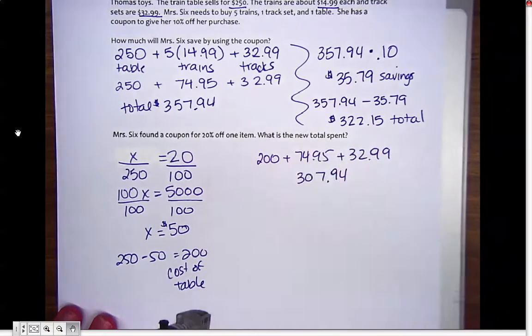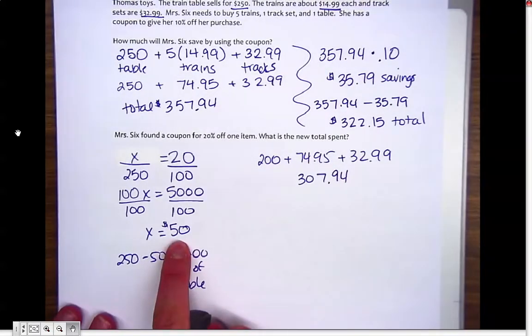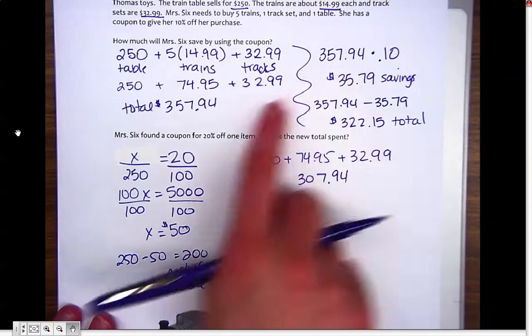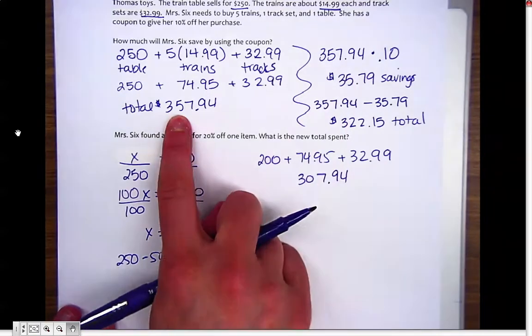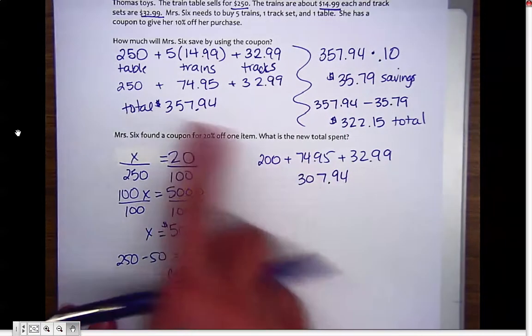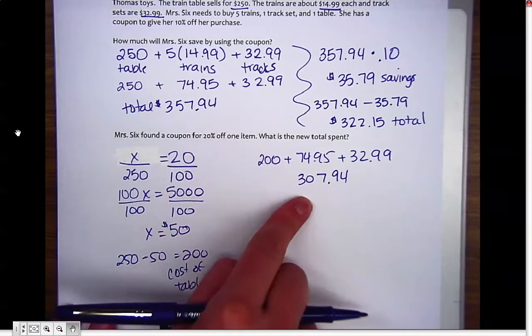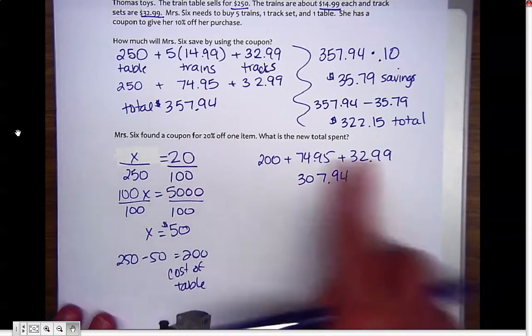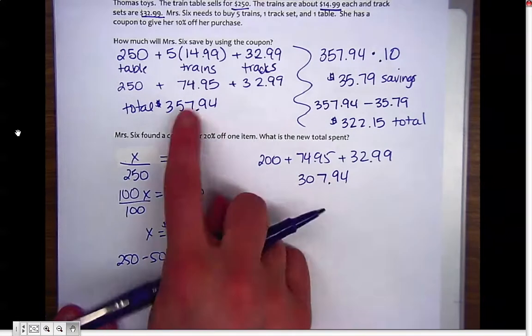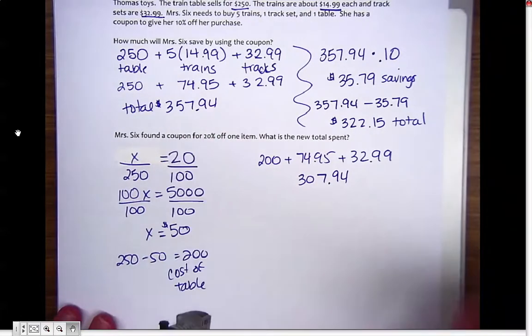Now, alternatively, once I figured out that this was a $50 savings, I could have just subtracted $50 from here. As you can see, this and this, it's just $50 less. But that's a second way to confirm. So I got my answer here. I can confirm by saying, oh, look, that's $50 less.